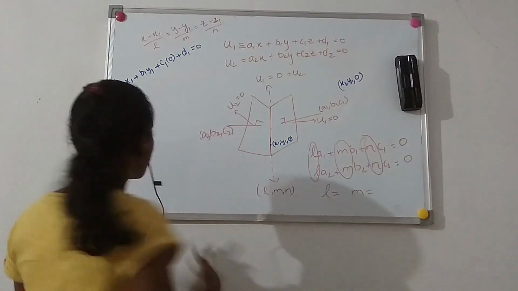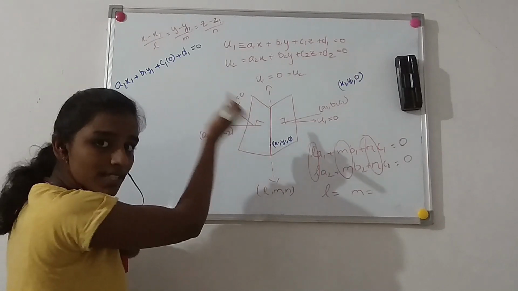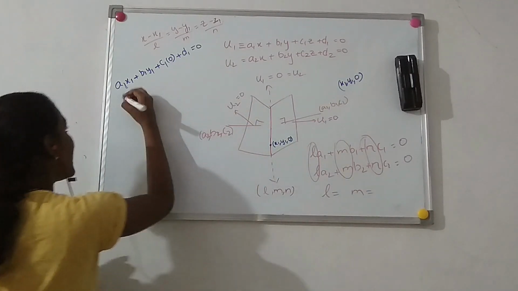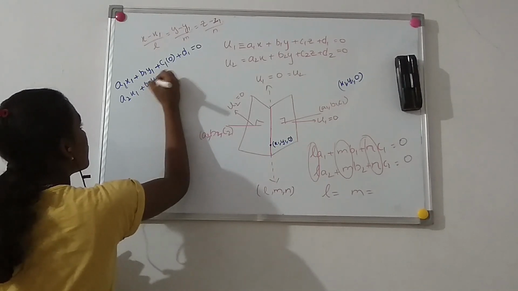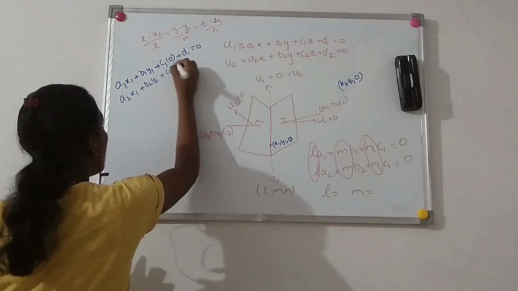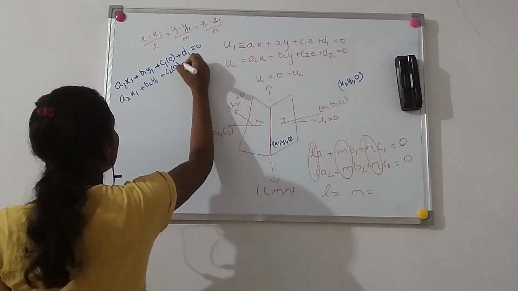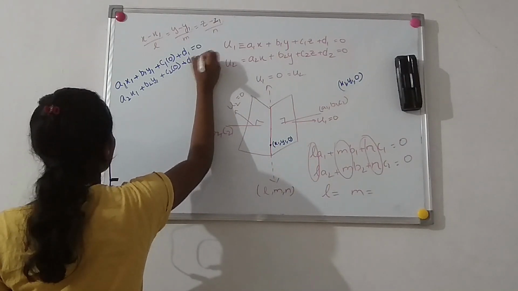Am I right? So now, if I substitute the same point in the second equation, I get a2x1 plus b2y1 plus c2 into 0, z1 is 0, plus d2 equals to 0.